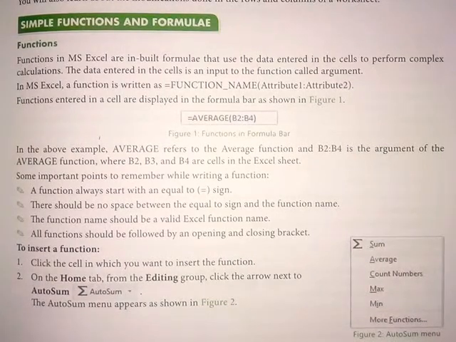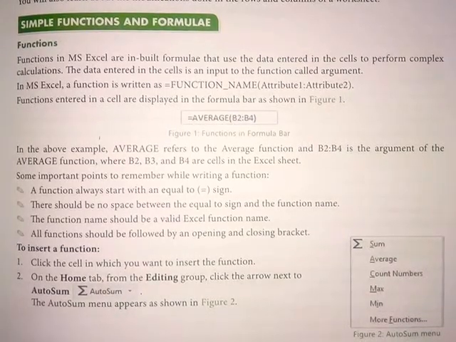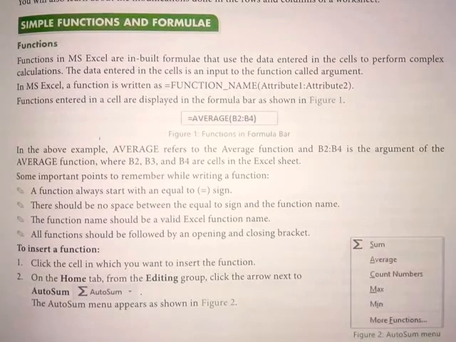A function always starts with an equal to sign. There should be no space between the equal to sign and the function name. The function name should be a valid Excel function name. All functions should be followed by an opening and closing bracket.